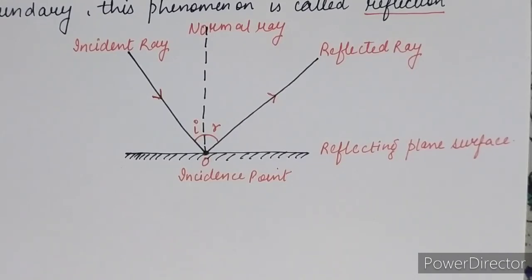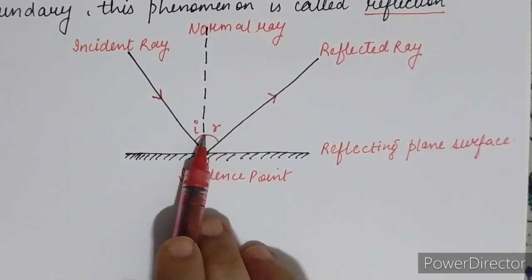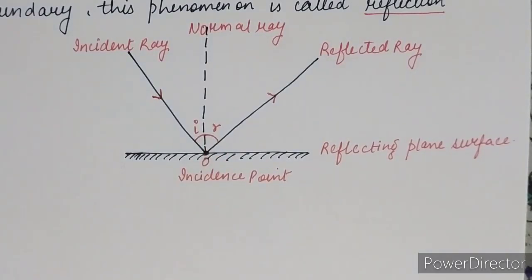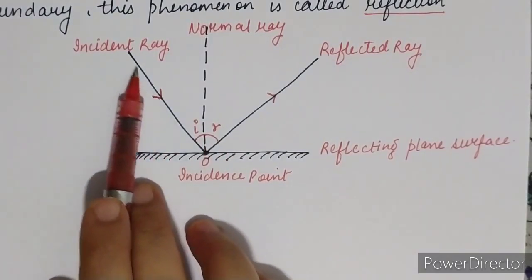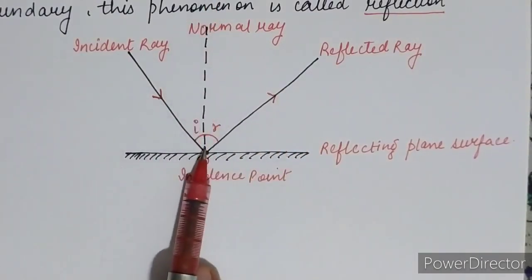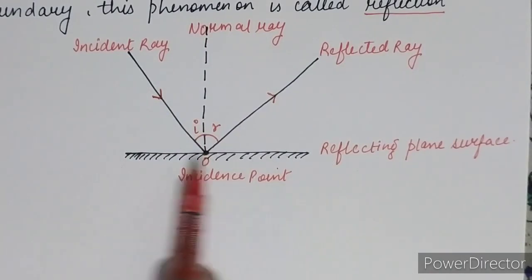So what are the laws of reflection? The first law of reflection is that the angle of incidence is always equal to the angle of reflection, meaning angle I is equal to angle R. The second is that the incident ray, reflected ray and the normal on the reflecting surface lie on the same plane.